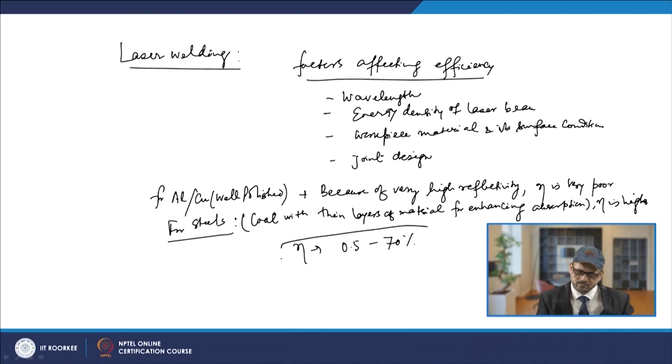It is quite small for materials with very high reflectivity, whereas if you increase the absorption coefficient, the efficiency can be as high as 70%. Now, let us talk about the other welding processes which use chemical fuels, where chemical energy is the heat source.